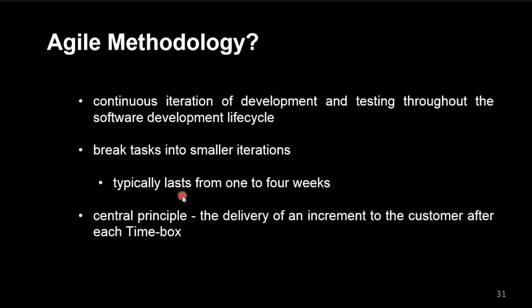It lasts from 1 to 4 weeks. Your sprint is one kind of cycle in this agile methodology. It may be that one cycle is 15 days, 4 weeks, or one month.